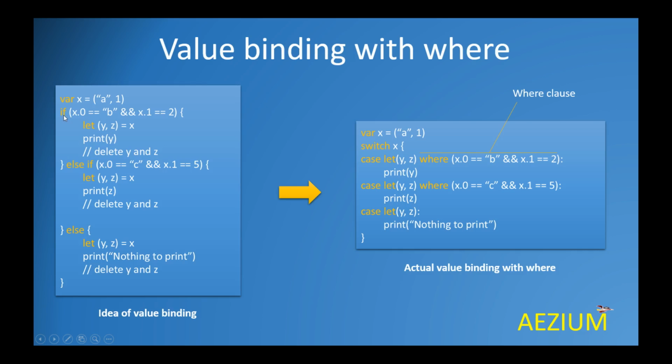Here we are saying from the beginning that if this condition is true, which is the same as that condition, then declare and assign two parameters called y and z, and assign them to the values of the elements of x, which is what is actually happening here, and then use it within the body of this if statement. In this case, we're using those parameters within the body of this case statement. So they are identical.